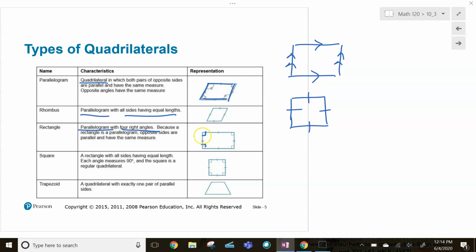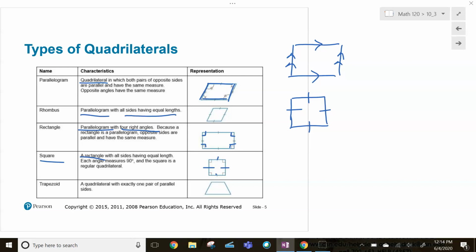Notice the 90-degree measures for the rectangle. Okay, a square is a rectangle, so opposite sides parallel, so it's a parallelogram again. You've got four right angles, and in addition, it has the requirement that all four sides are the same. A square also qualifies as a rhombus, as we mentioned, and also qualifies as a rectangle, right?